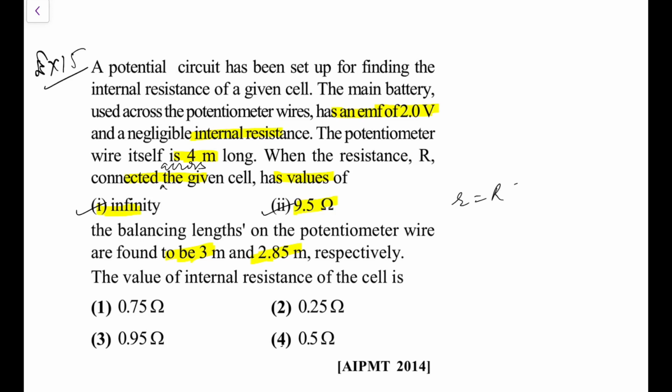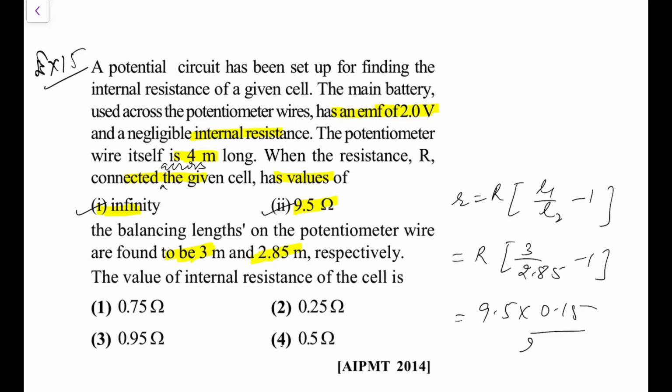So you can directly say R into (L1 by L2 minus 1) I will use for the second case, because for the first case the actual EMF would be measured. So L1 is 3 upon 2.85 minus 1. So 9.5 into 0.15 upon 2.85. So just remember this. What I want to tell you is that it is something like this. The secondary cell, first this R was infinite. Infinite means no current will flow, so basically nothing is connected.